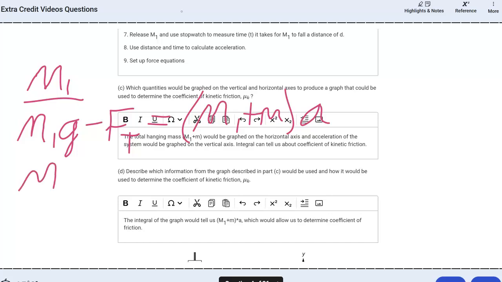For M2, our tension force is the stuff making it go, minus our frictional force.